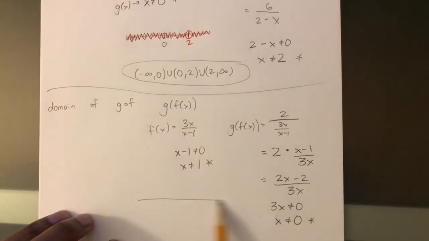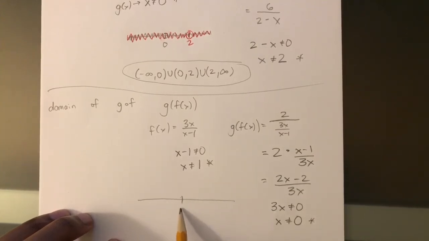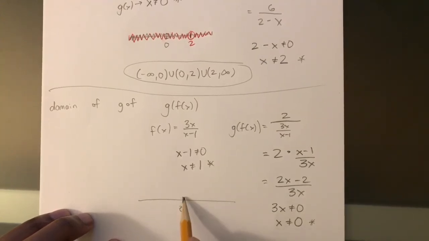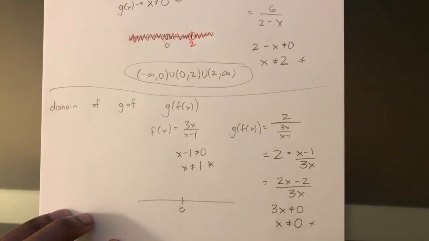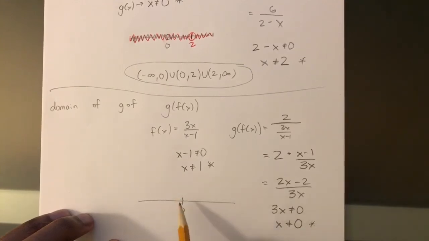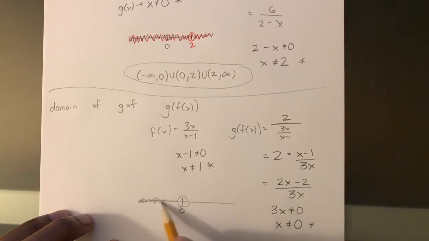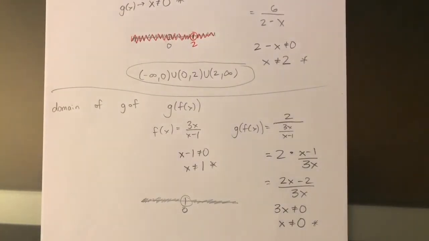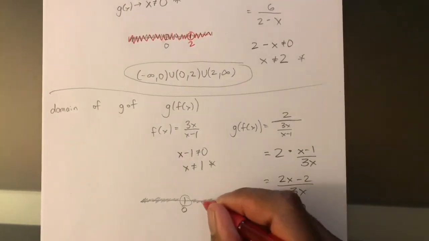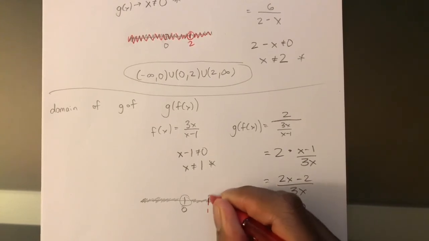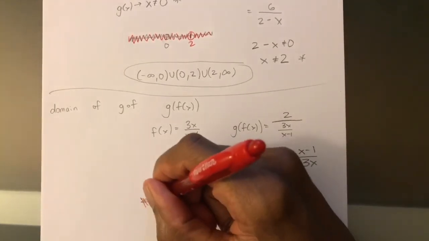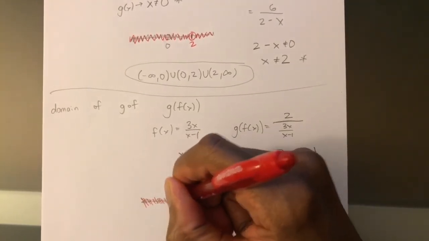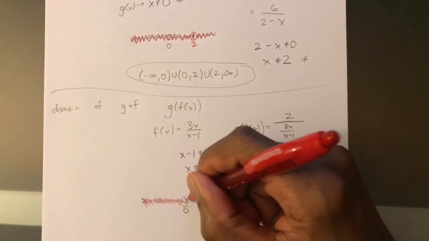You don't have to do the sketch, completely up to you. So this domain was all reals except 0, so I'm going to throw down an open circle at 0 and shade everything else. And then my second domain was all reals except 1, which would be something like this. Shade everything except 1.